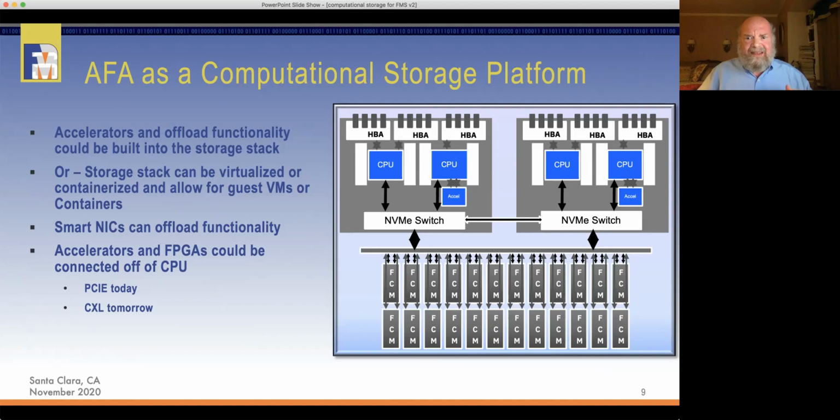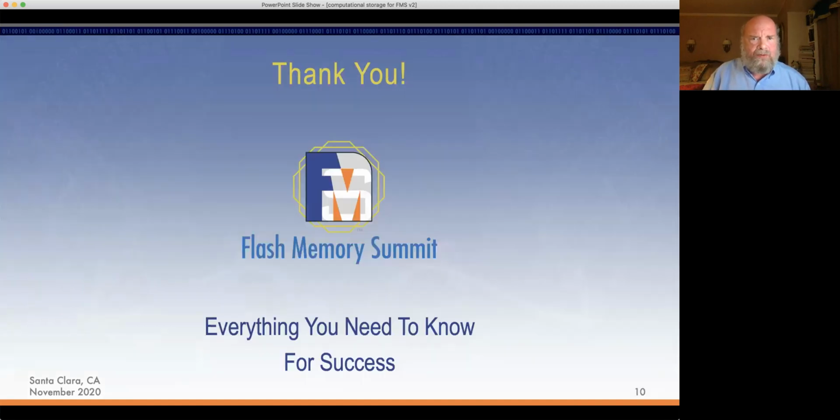And now in this computational storage platform, you are not just storing the data, you are also offloading the CPU or the server, and using part of the compute, part of the bandwidth of the flash core modules or the SSDs to process data, to analyze it, to look for trends, to look for statistics. All kinds of different things can be done as a way of offloading the main CPU.